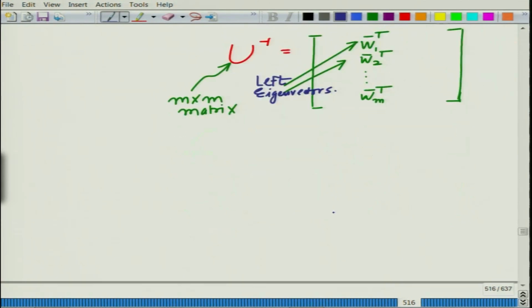Now, let us look at the solution of the LDS, or specifically the solution of the autonomous LDS. For simplicity, we will only deal with the autonomous LDS where the inputs are 0.